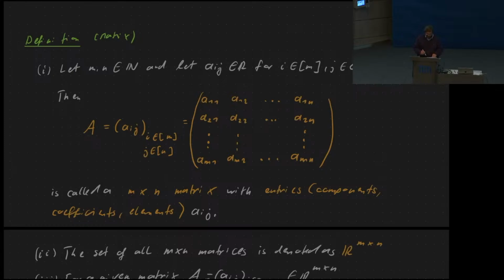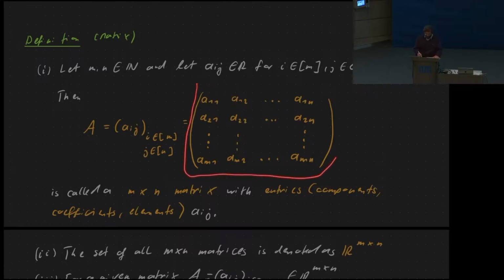So basically, a matrix is just this rectangular scheme here. It has a fixed number of rows, it has a fixed number of columns. Usually, if I don't want to use actual numbers, I'll say the number of rows is m, and the number of columns is n, as we did up to this point. And matrices are usually denoted in this way.